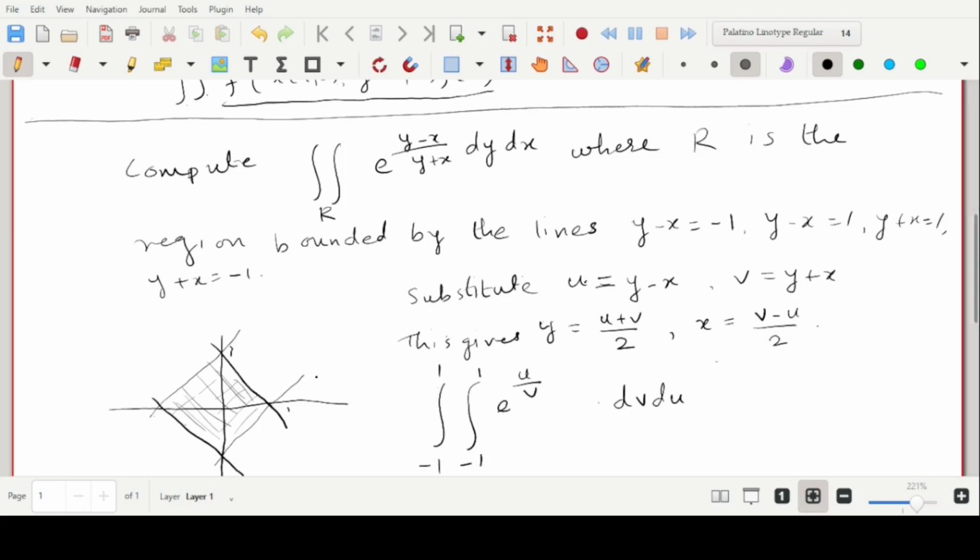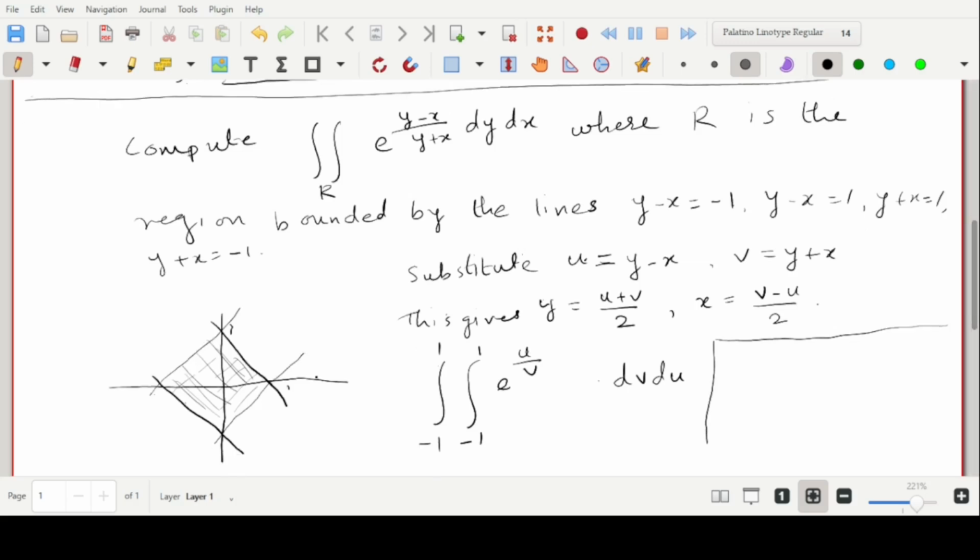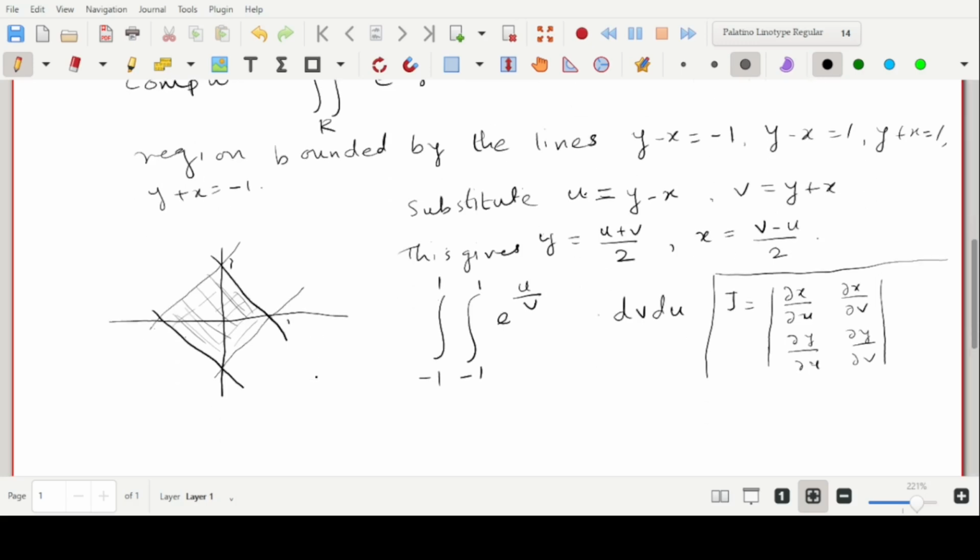What is the Jacobian? It is the determinant of del x over del u, del y over del u, del x over del v, del y over del v. This determinant needs to be computed now.